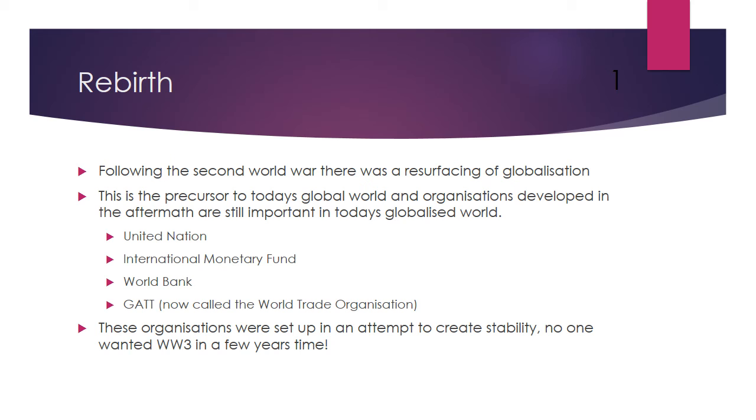These key organizations came out of the end of the Second World War, because basically everyone said, that's never going to happen again. What are we going to do to prevent it? And these were some of the things that were created.